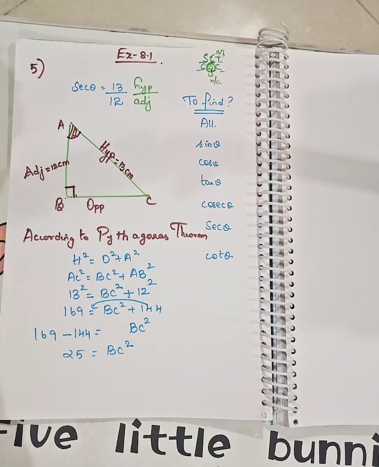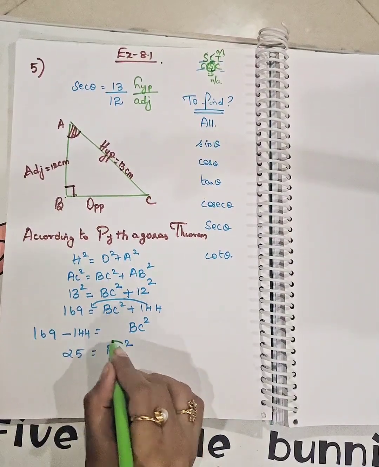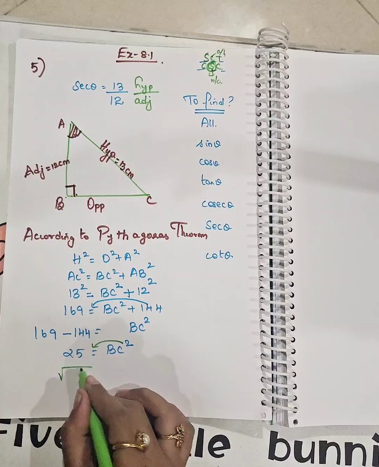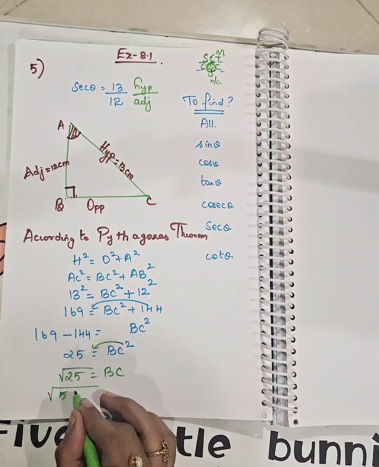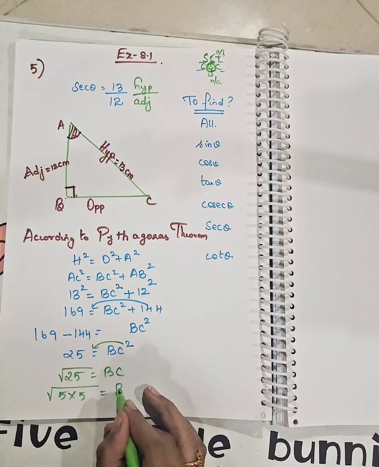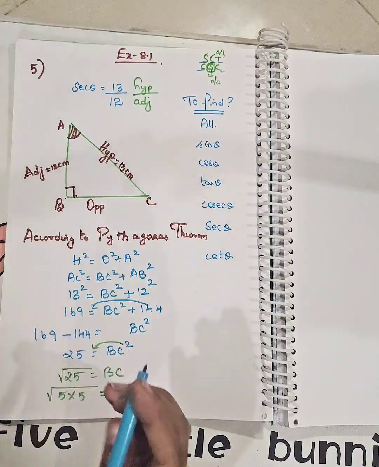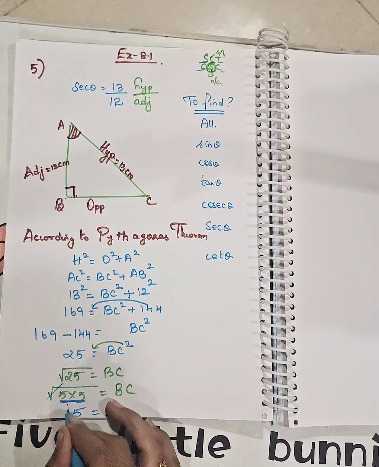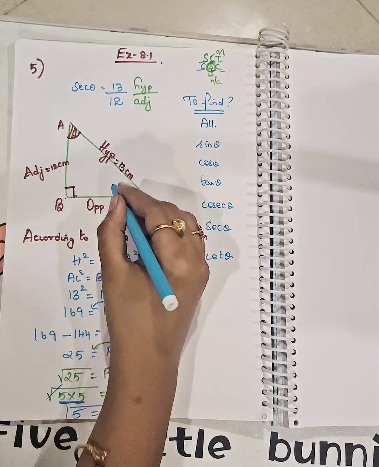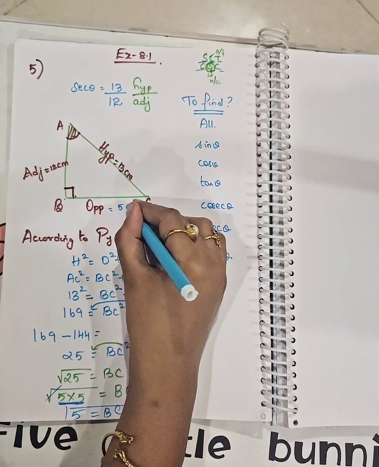But do we need BC square? No, right? We need only BC. So the square will go here and become square root. Now let us find the factors of 25, which is nothing but 5 into 5, which is equal to BC. Since it is pairing up together, one number we can take out of the square root and write the answer. So BC is nothing but 5 centimeter.